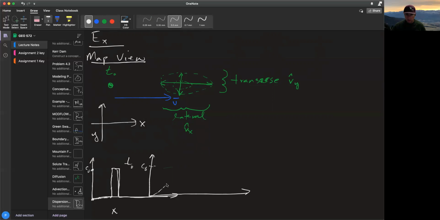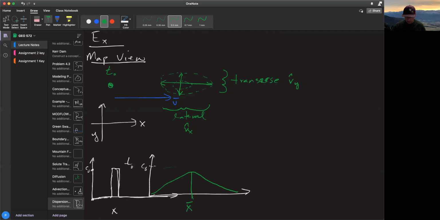I'm sorry, it would not go to C naught. So I'm going to redraw this. We would find now that our concentration profile at this new time would look something like this, all right?